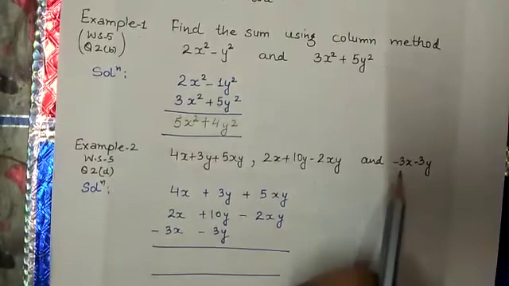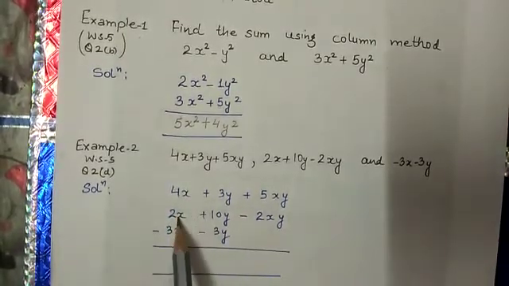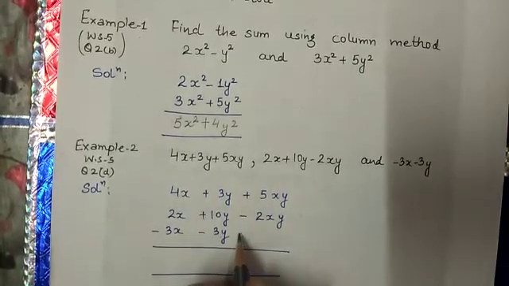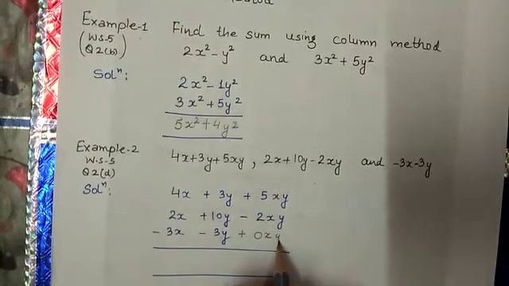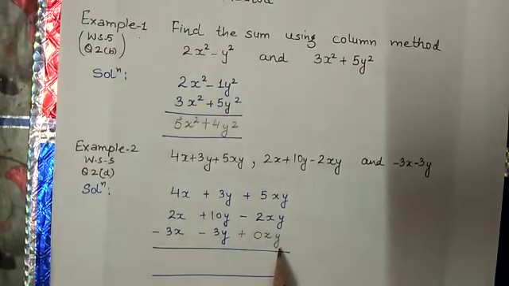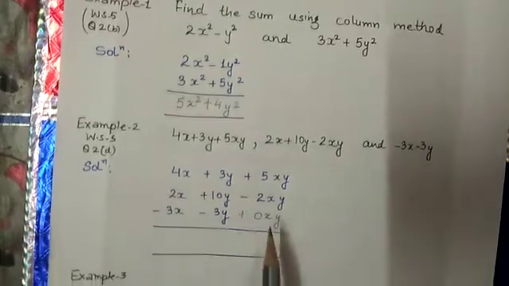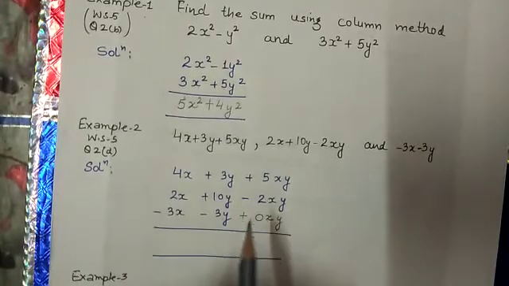Observe, the last expression has two terms and the first and second have three terms. So what to do here? Either you put 0xy here, or if you want you can leave it as it is without writing anything. Fine. I am writing it here so that you do not get confused.